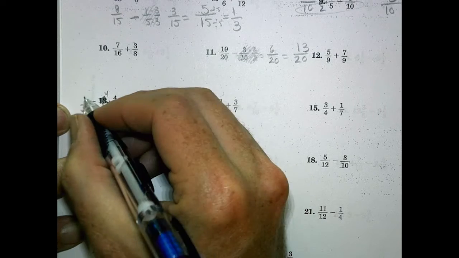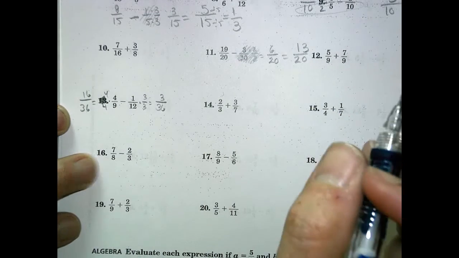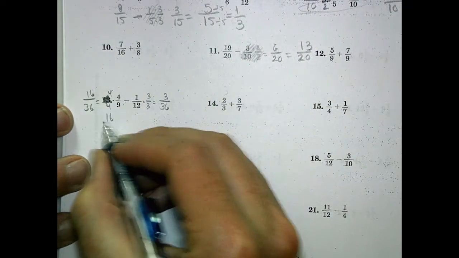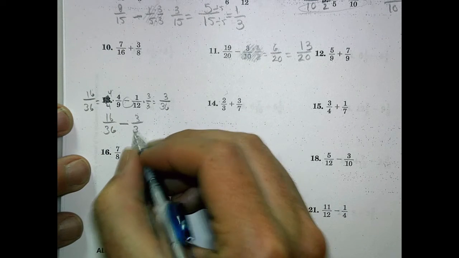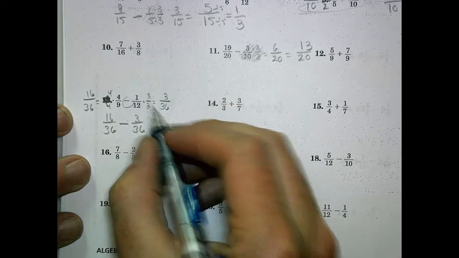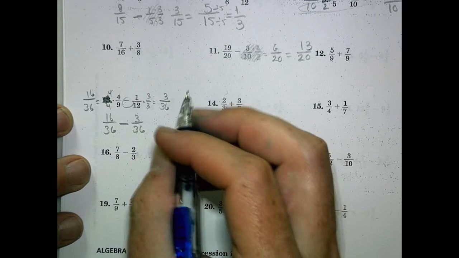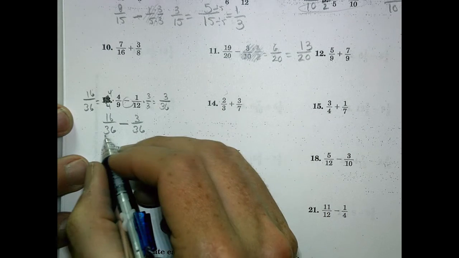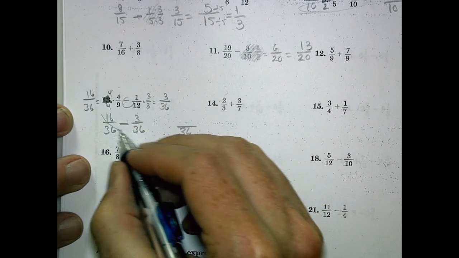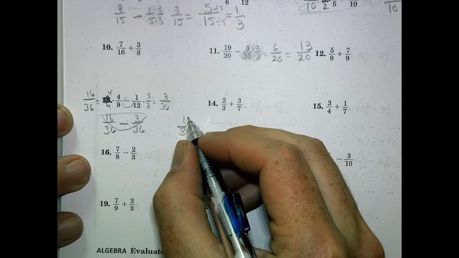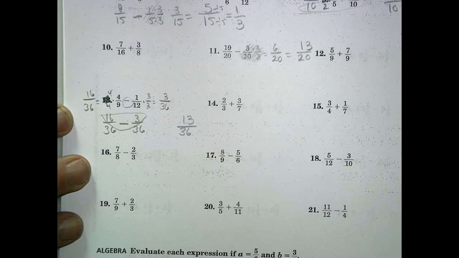And 4 times 4 is 16. So rewriting this, I actually have 16 over 36 minus 3 over 36. By finding a common denominator, the least common denominator in this case was 36. Now for the same, I keep the denominator on the bottom, and I do 16 minus 3, which is 13, and I should be done right about there.